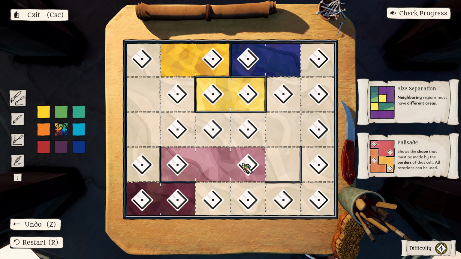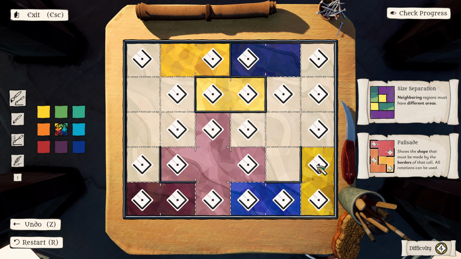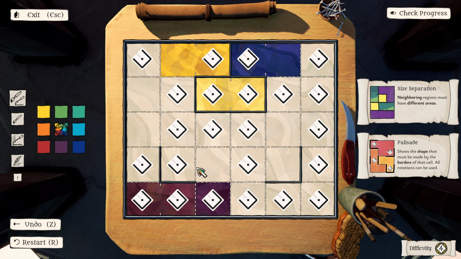Like, if I did this and made that as a 5, it wouldn't work because I can't do a pair of dominoes there. So that falls down pretty quick. PDQ.